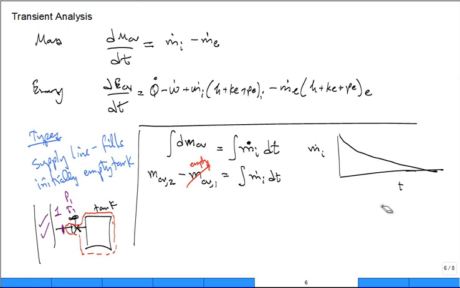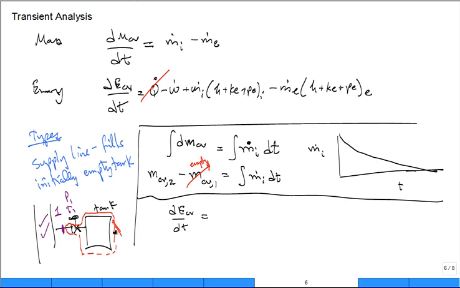Let's go to the energy balance equation. What does it look like? The rate of change of energy in the control volume with respect to time is equal to, often, I should strike it up here, no heat transfer. It's an empty tank. You're just filling it. It's adiabatic. There's no real promotion of heat transfer into this empty tank or from this empty tank.